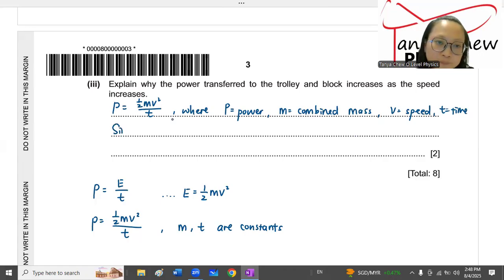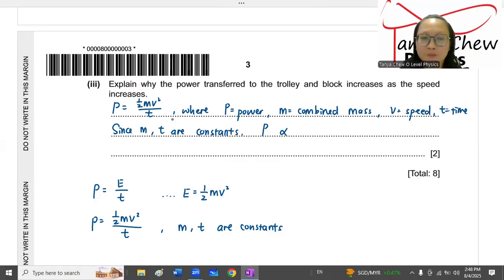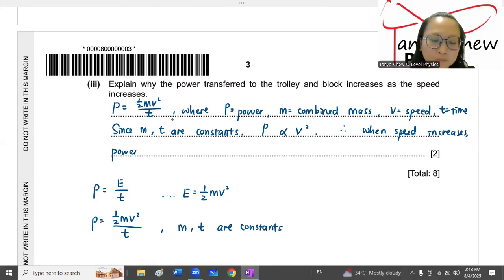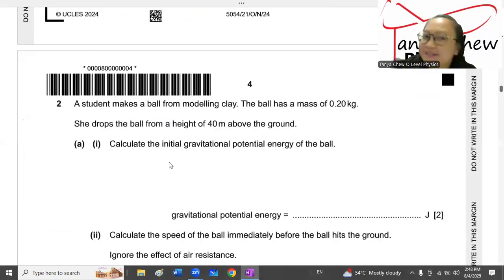So since m and t are constant, I can just use the symbols to do my explanation. Power is directly proportional to speed squared. So that is why when speed increases, power increases. That's the answer. Now, let us go to the second question.